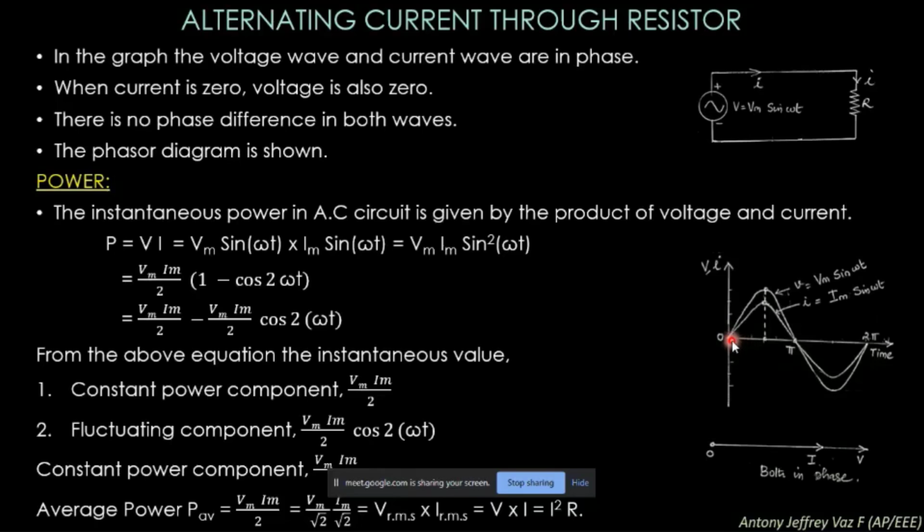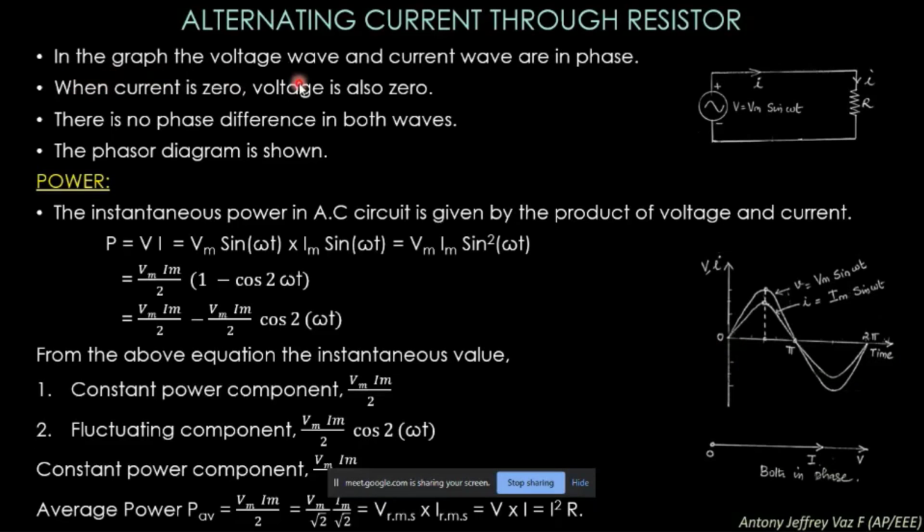Both waves are starting at the same time, both waves are crossing 0 at the same time, and both the waves are ending at the same time. So you cannot measure any phase difference. So we said theta equal to 0.